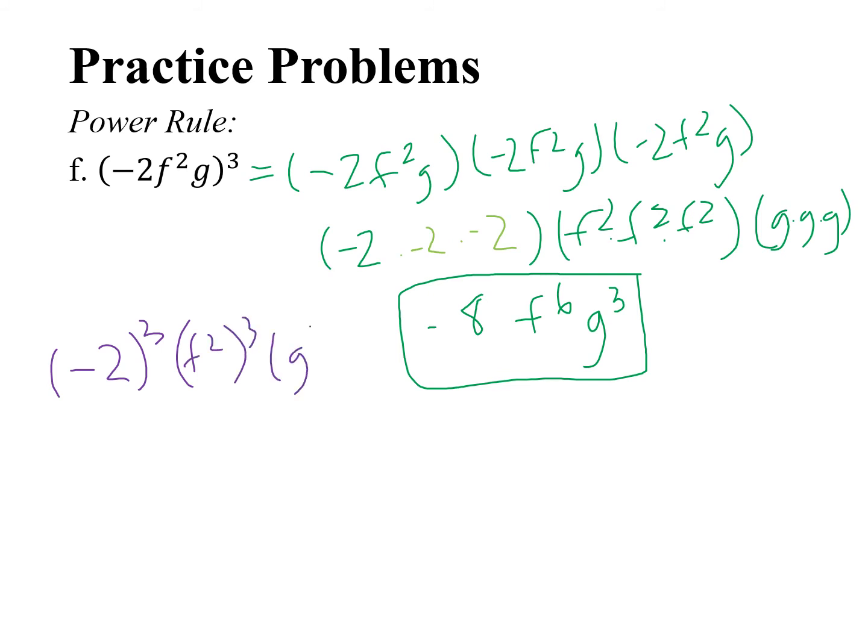And I have g to the power of 3. If I go through and simplify each piece, I'm left with the same answer. This middle one here shows me that power rule. F squared to the power of 3 is really f to the 6th. I multiply the exponents when I have a power raised to a power. Same answer, different way of getting there.